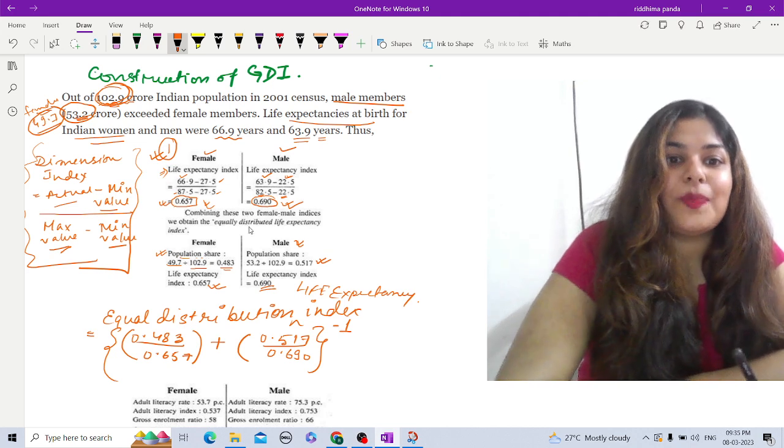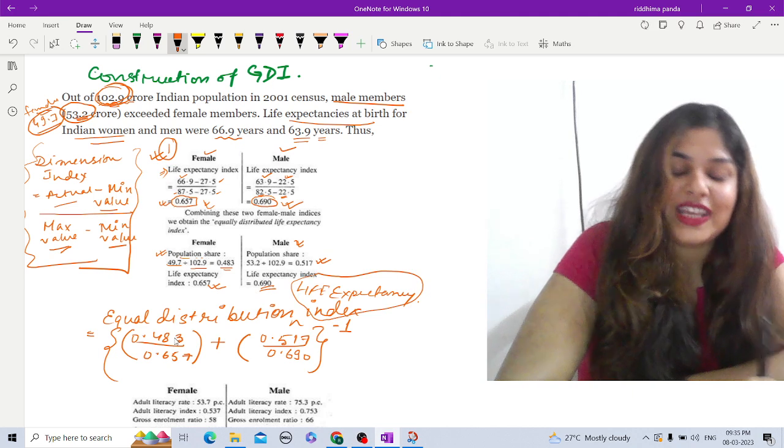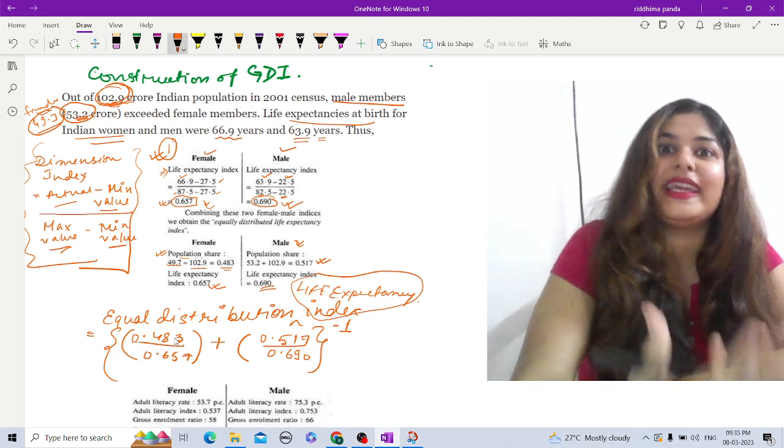Basically, since I am calculating for life expectancy index, that is why I have taken this. If I am calculating for education and income, I will be taking those values.